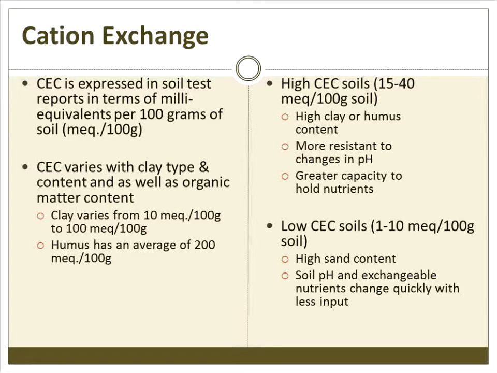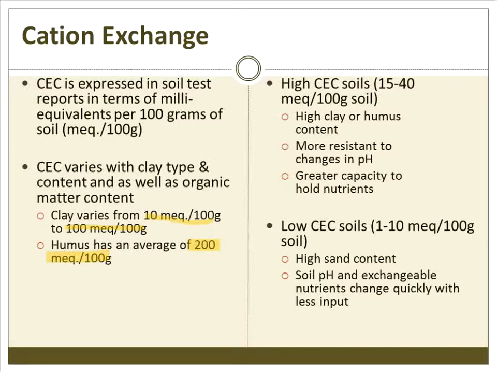And this cation exchange capacity differs with types of clay, amounts of clay, and the amount of organic matter. For example, clay cation exchange capacities can range anywhere from 10 milliequivalents per 100 grams up to around 100 milliequivalents per 100 grams. Organic matter, on the other hand, is looking at somewhere around 200 milliequivalents per 100 grams.